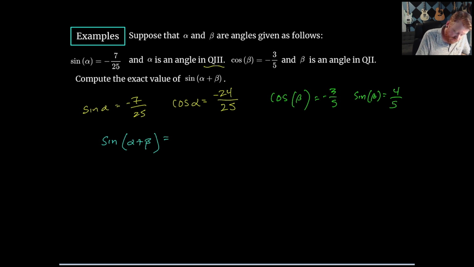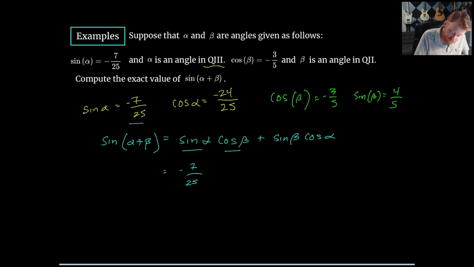So this is going to be sine alpha cosine beta plus sine beta cosine alpha. And I know what all these values are. I know that the sine of alpha is negative 7 over 25. I know that the cosine of beta is negative 3 over 5. And then I want to add to that the sine of beta, which is 4/5.